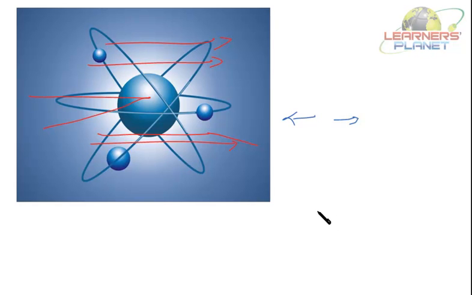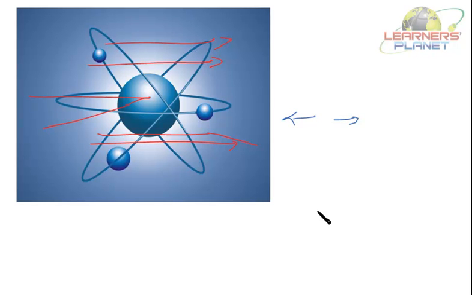So what are the postulates? First, an atom is composed of the nucleus which is present at the center. Secondly, the whole mass of the atom is concentrated in the nucleus. Thirdly, the nucleus is very small and dense.